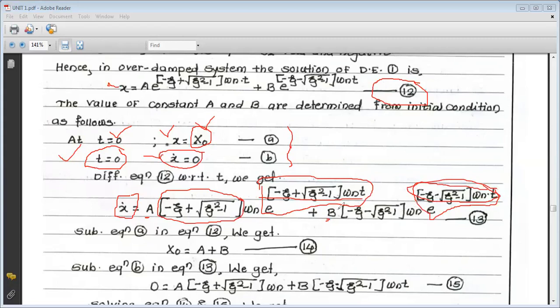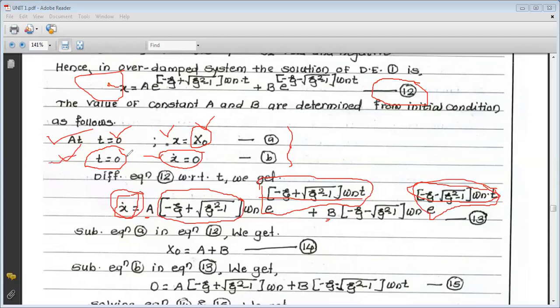Now we get equation number 12 and equation number 13. Equation 12 is the equation for displacement x, and equation 13 is the equation for velocity. Now put these two initial conditions, a and b.